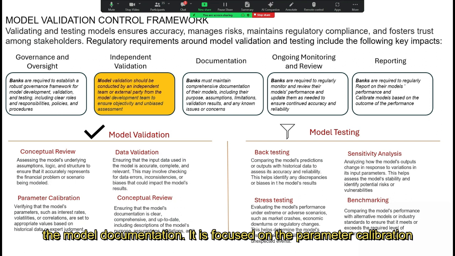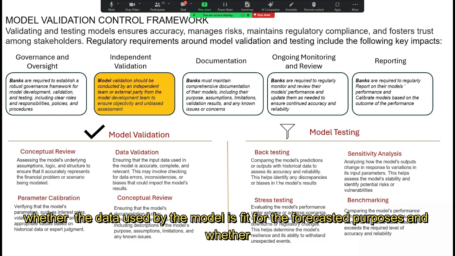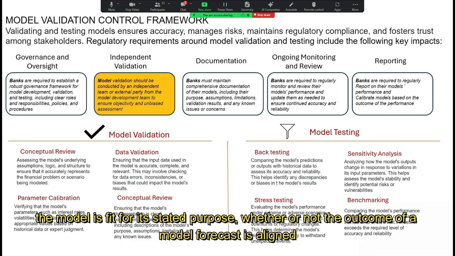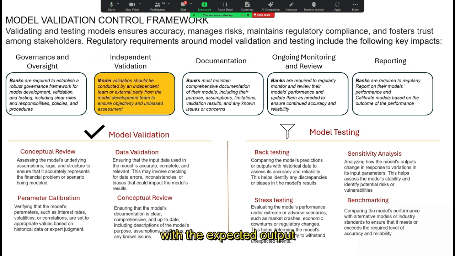It's focused on parameter calibration, meaning whether the data used by the model is fit for the forecasted purposes, whether potentially different data elements, data sources, or data sets have to be used, whether conceptually the model is fit for its stated purpose, and whether the outcome of a model forecast is aligned with the expected output.